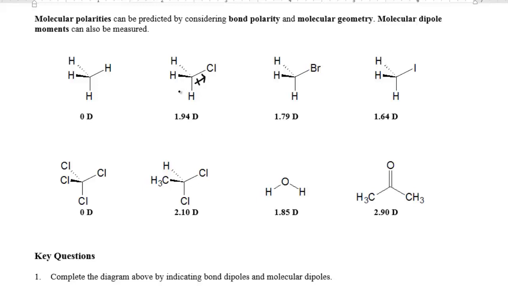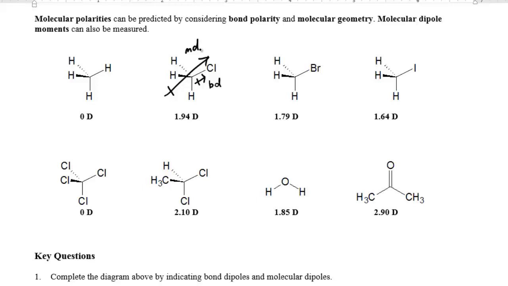Therefore, this entire molecule will have a molecular dipole. So what I've just drawn here is, in a sense, the bond dipole, and then I'm going to draw an entire molecular dipole, which in a sense is saying that the whole molecule is polar. If you put this molecule between charged plates, you can measure a dipole moment of 1.94 Debye.